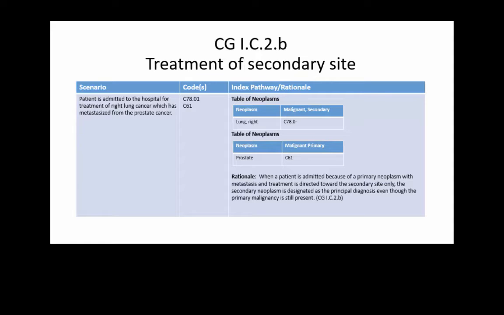When you go to the table of neoplasms, you're going to look up those neoplasms, taking note that the lung cancer is in the malignant secondary and the prostate is a malignant primary. The dash after the C78.0 tells you that additional characters are needed. For example, that's just the lung, so the additional character of 1 is needed to identify the right lung.